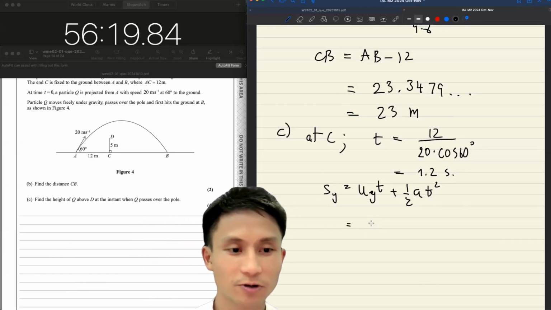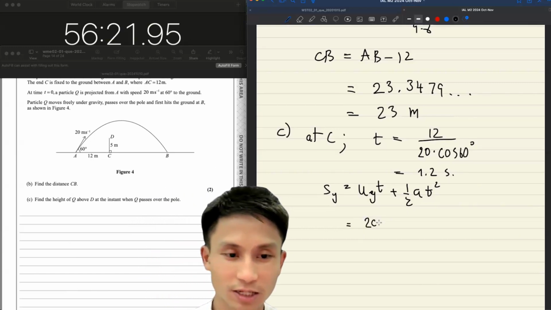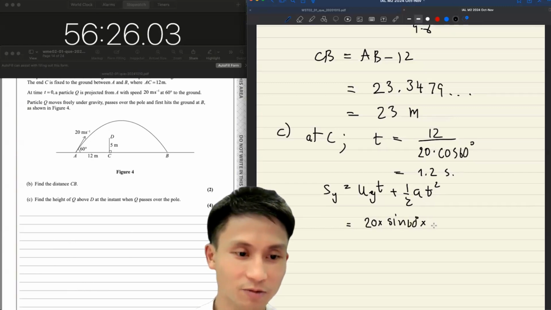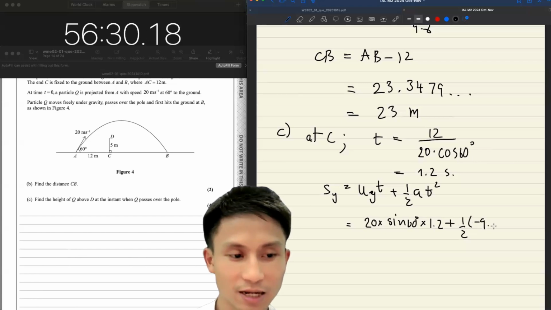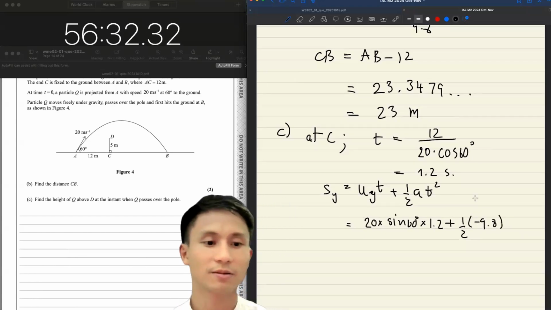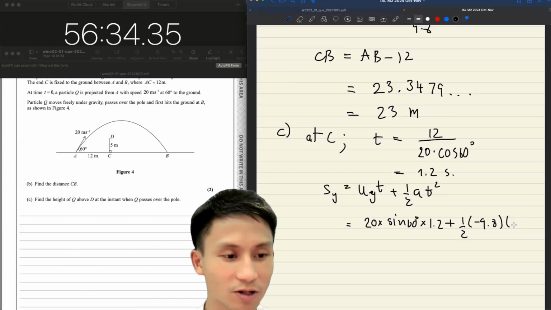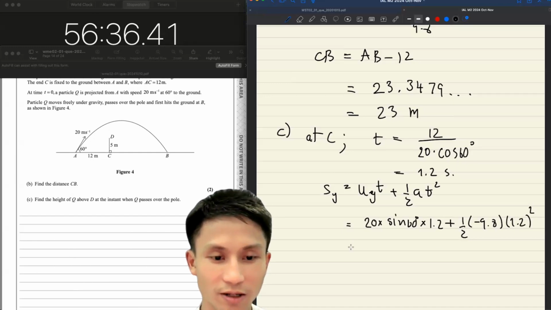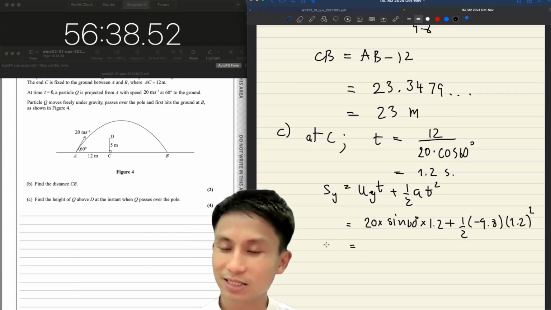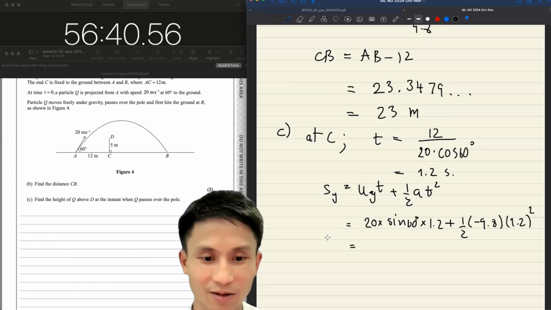So U is what? U is 20 times sine of 60 degrees times 1.2, the value we just got. Acceleration is taken as a minus because we are moving up, but gravity is acting down, and that is 1.2 squared. So here's going to be the height.